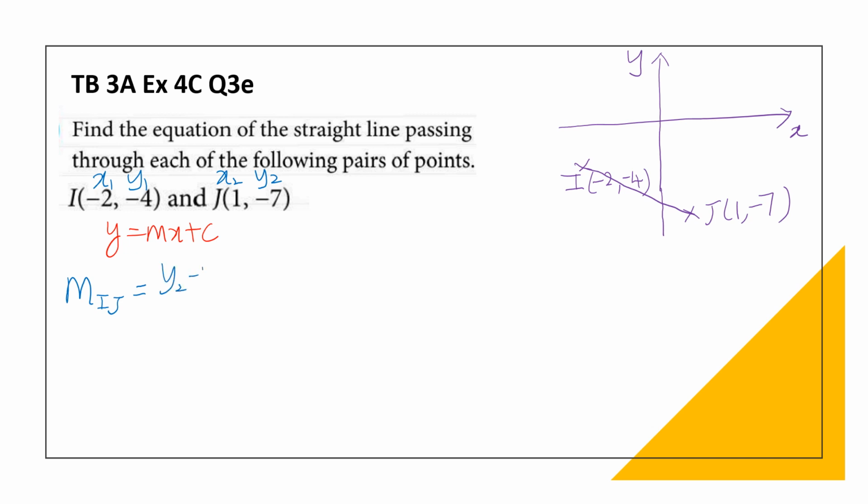The formula to find the gradient is y2 minus y1 over x2 minus x1. If you substitute, that will be -7 minus bracket -4 over 1 minus bracket -2. And from here, you can just use your calculator to work out the value.